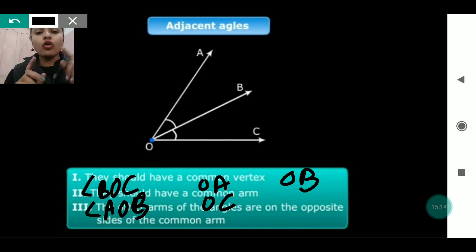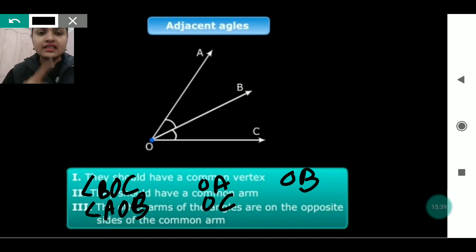You can see OB is common in AOB and OB is common in BOC also. So that common line OB is lying between AO and BOC. When we get a common line between two angles, that is called an adjacent angle.